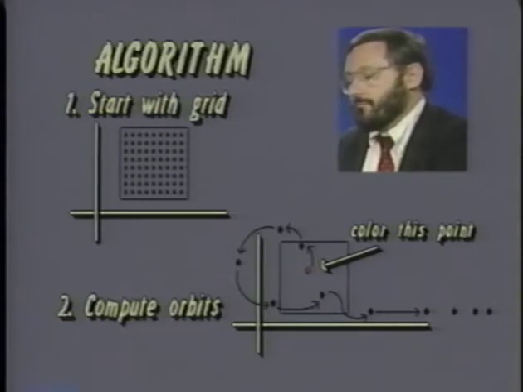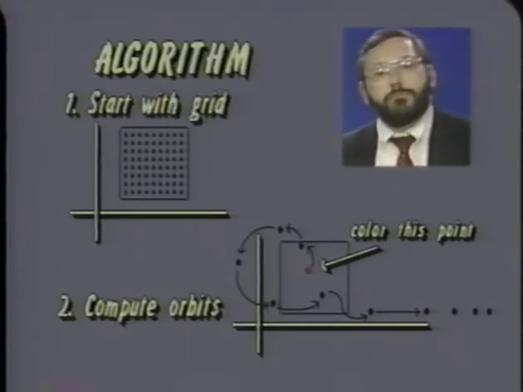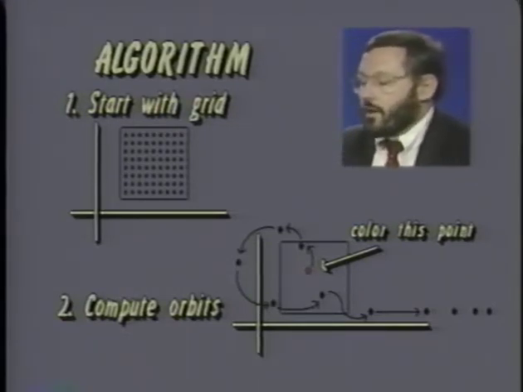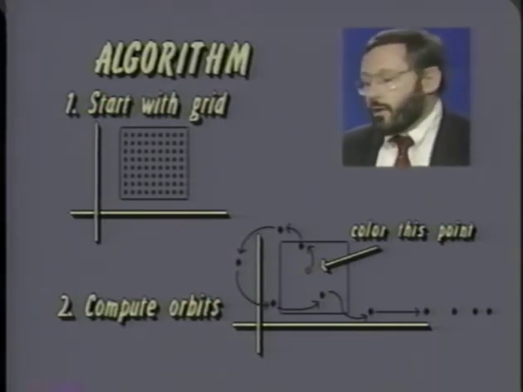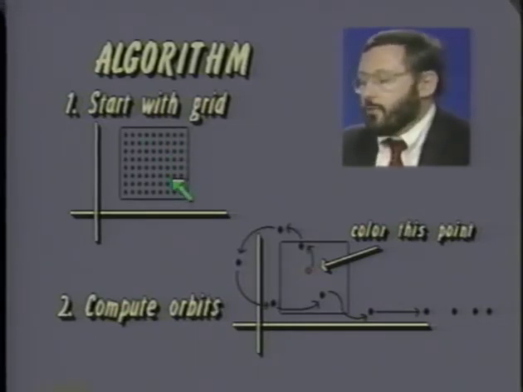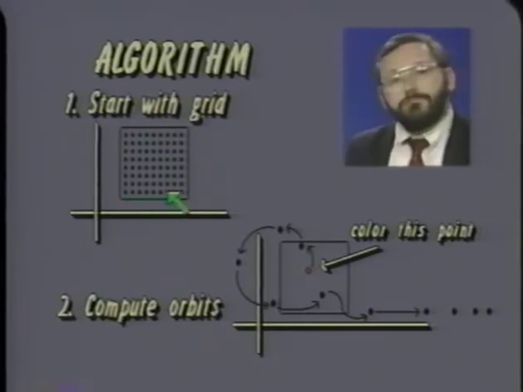How do we compute the Julia sets? Well, the algorithm for computing the Julia sets makes use of the theorem we just mentioned. Here's an outline of the algorithm. What we'll do is start with a square in the complex plane and fill it with a grid of points, maybe 400 by 400, or if we have lots of computer money, 1,000 by 1,000.